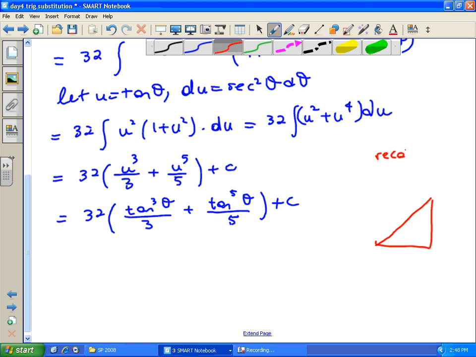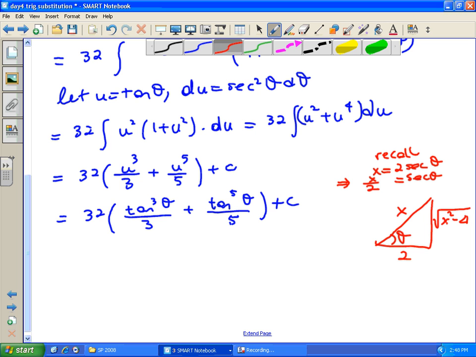Since x was 2 secant theta, secant theta is x over 2. So labeling the sides of this triangle, hypotenuse should be x and adjacent should be 2, because secant is hypotenuse over adjacent. And the third side will be radical x squared minus 4.